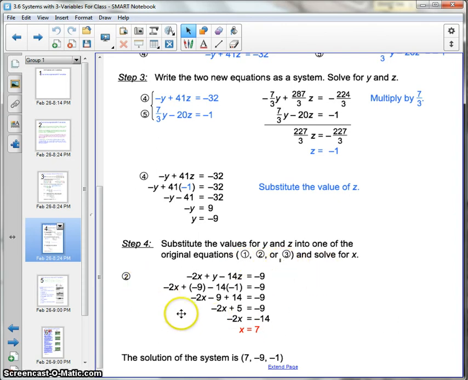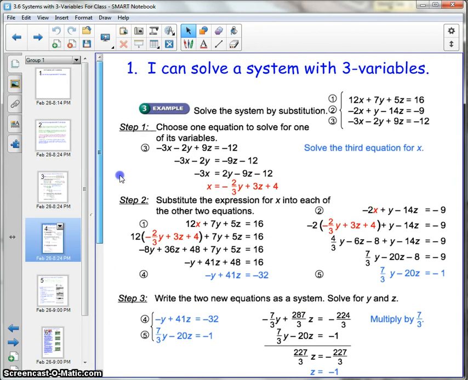We choose equation 2 and find x is 7. Once again, I want to emphasize that our solution is written as an ordered pair, with the first value being x, the second value y, and the third value z. So 7, -9, -1. Once again, we see we can use substitution to solve three-variable systems.